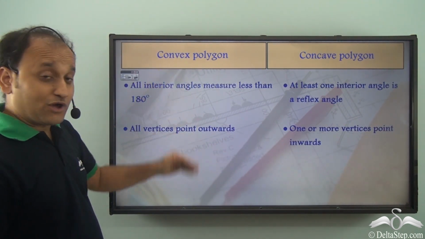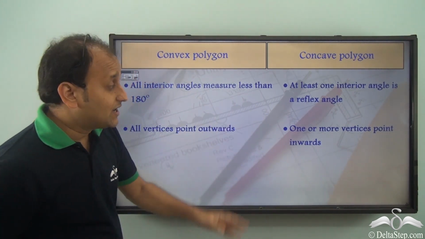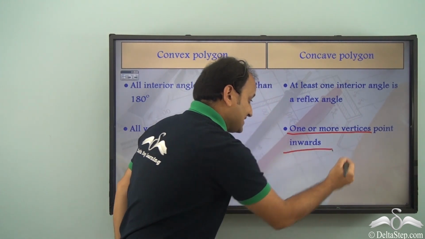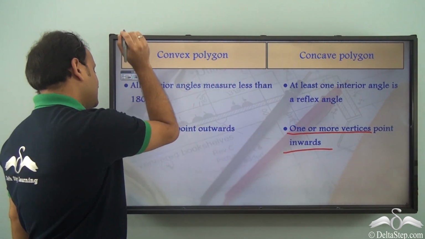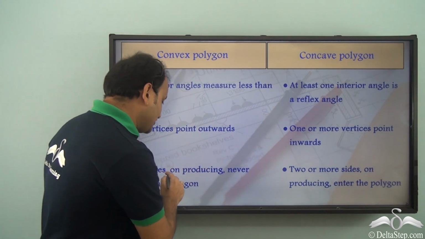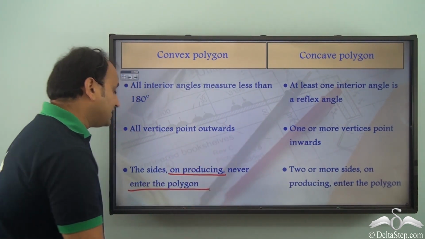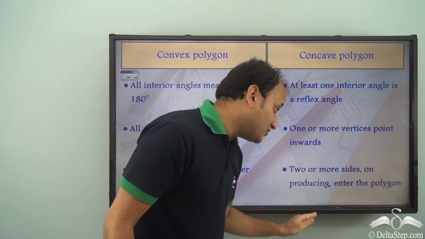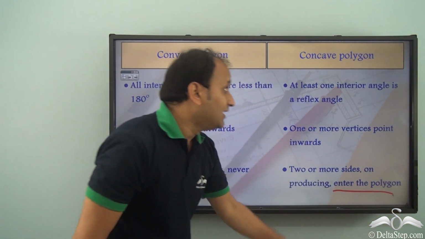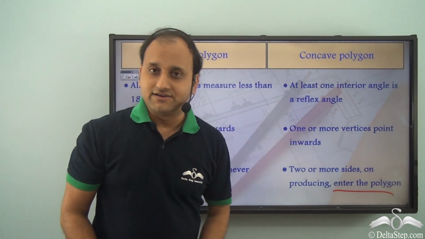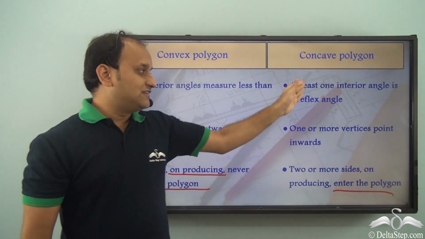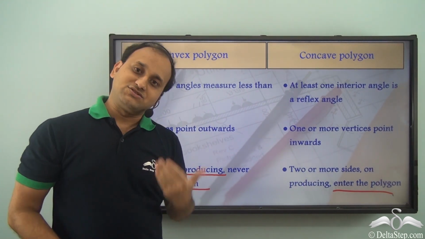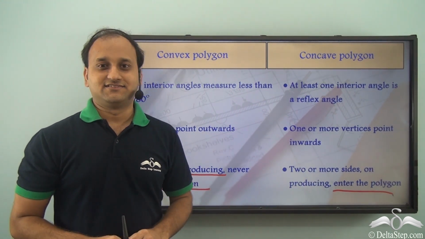So in the case of a convex polygon, vertices point outwards, while in the case of a concave polygon, one or more vertices point inwards, and the sides on producing never enter the polygon in case of a convex polygon, while two or more sides on producing enter the polygon in the case of a concave polygon. So by using any of these three properties, you can actually identify whether a polygon is concave or convex.